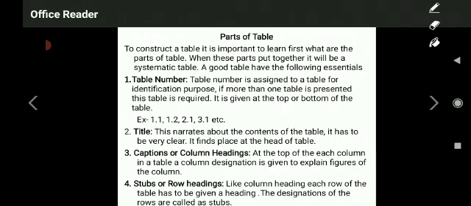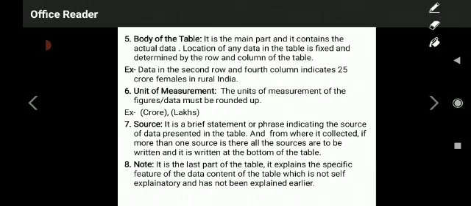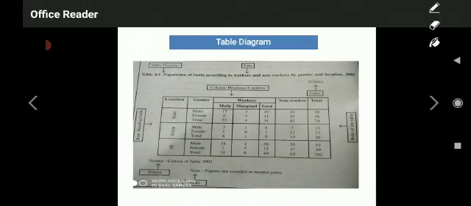Now coming to the third essential of a systematic table, that is captions or column headings. This is also a most important part of a table. At the top of each column in a table, a column designation is given to explain the figures of the column. I'll show you with the help of a table. For example, here it is a table. These are the captions or column headings which are mentioned systematically over here.